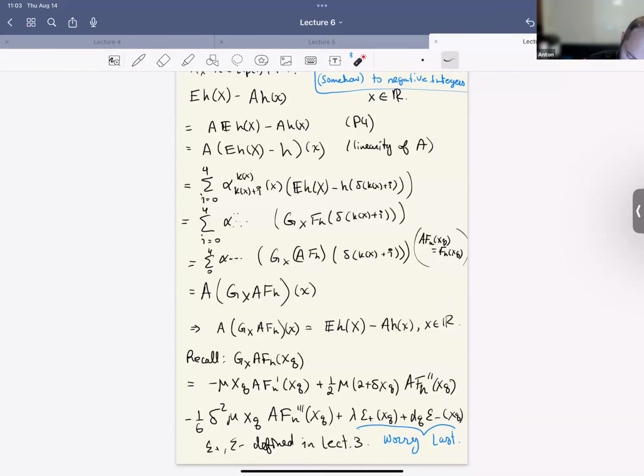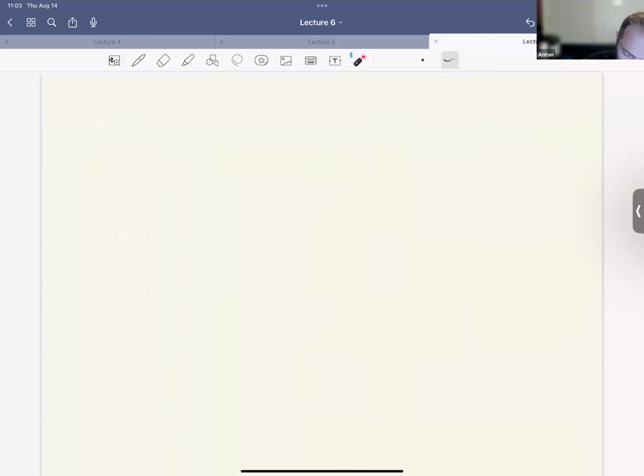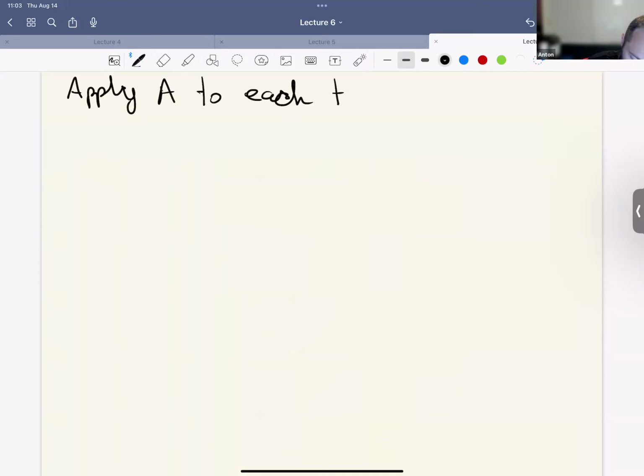Okay, so apply A to each term in the expansion of G A of f sub h.